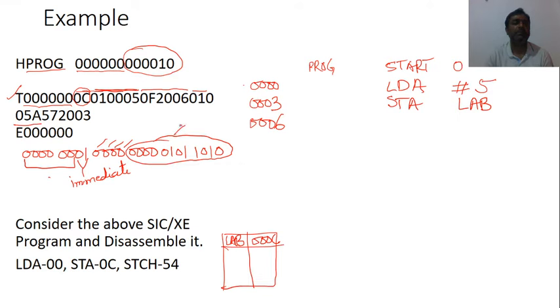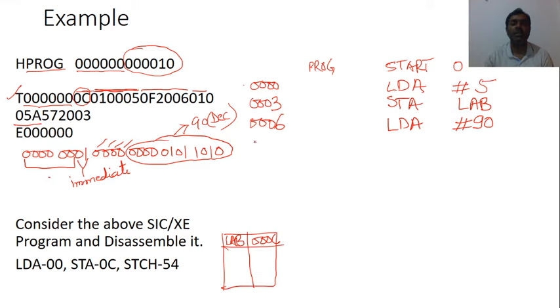What will be the equivalent decimal value? 90. That means the instruction will be, if I append 00 here, LDA. So our instruction is LDA and the immediate value is 90. So I have to write here LDA #90.